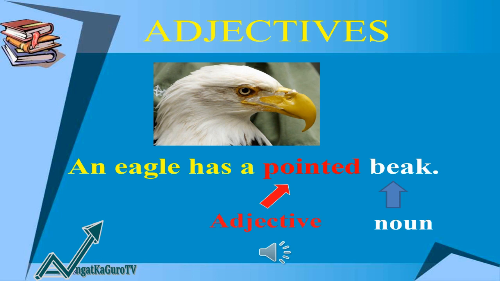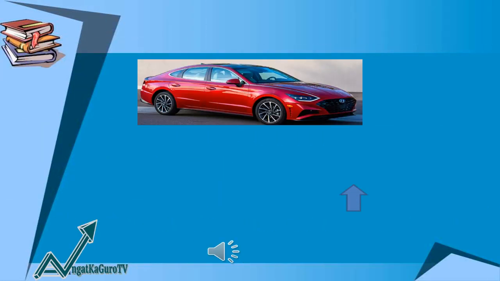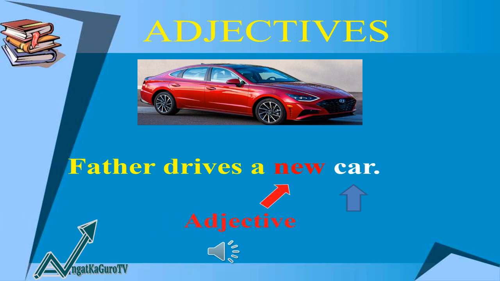Examples of descriptive adjectives. An eagle has a pointed beak. Pointed is an adjective, and it modifies the noun beak. Father drives a new car.